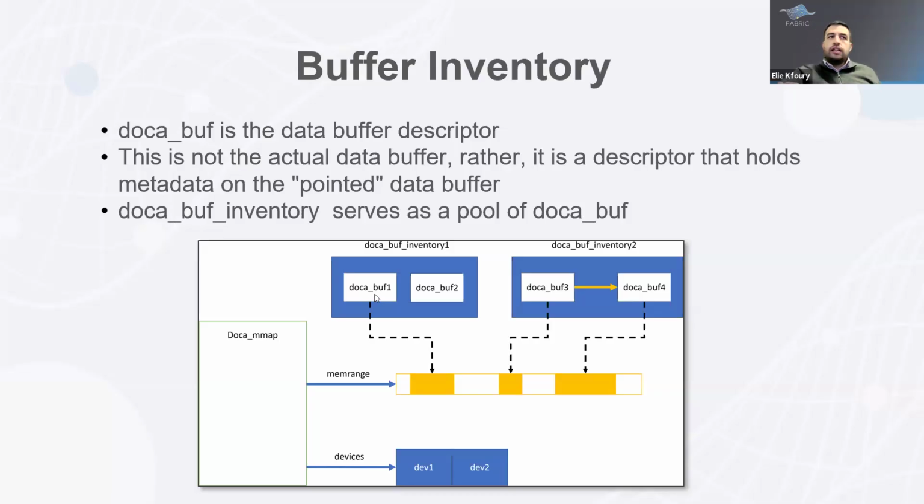Every time you want to do any task provided by DOCA on some memory region or some buffers, you have to use DOCA buf. So you can allocate the memory with malloc or calloc, but then you'll have to use a DOCA buf to point to it so that you can use it in the libraries provided by DOCA.